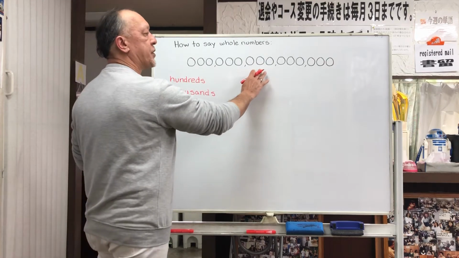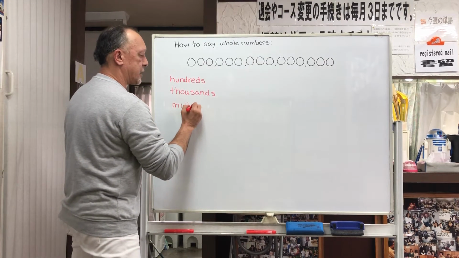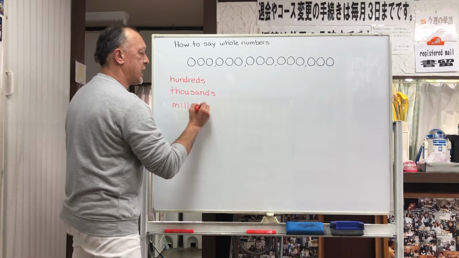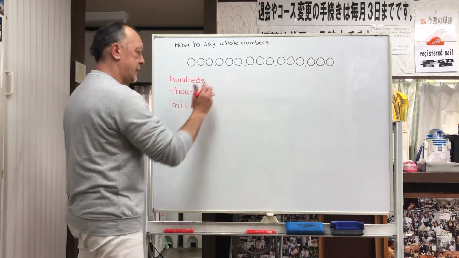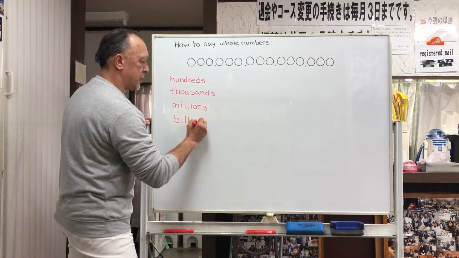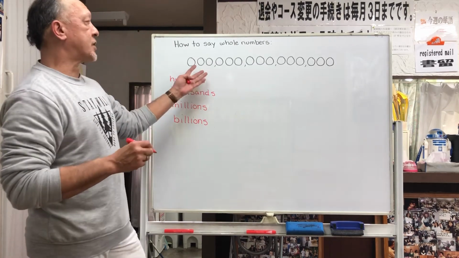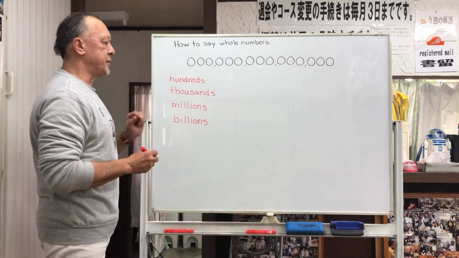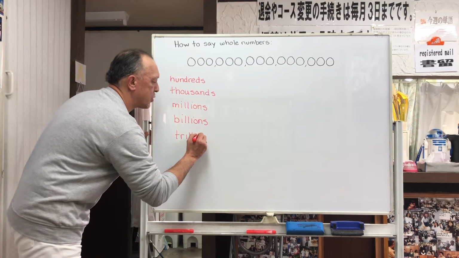Followed by the next three, we'll move on to the word millions. The next three is billions. And our last three, the fifth group, we'll use the word trillions.